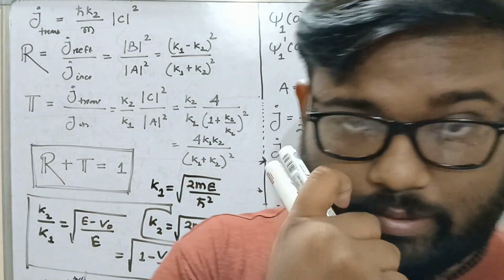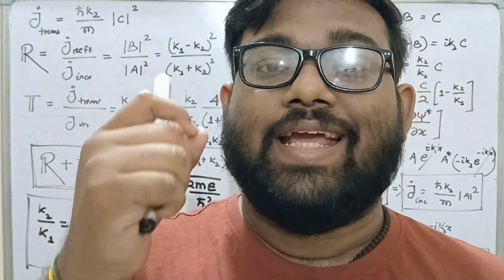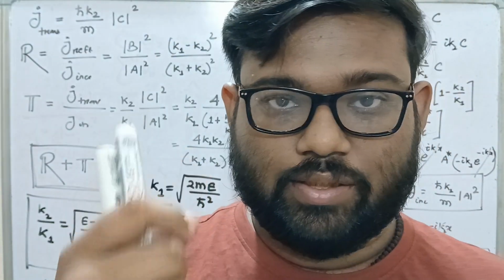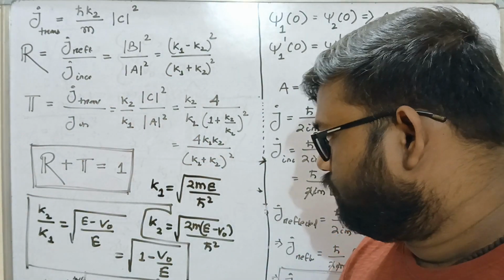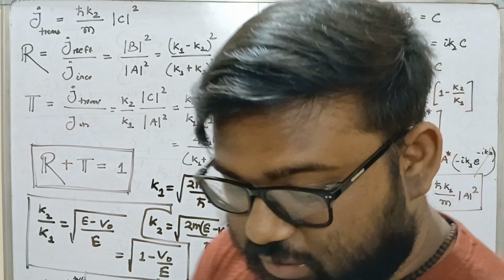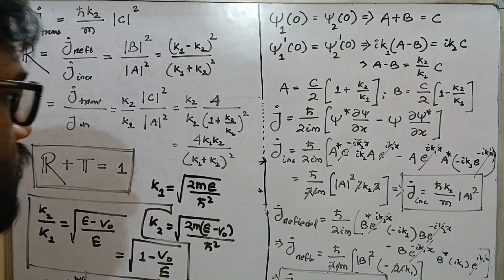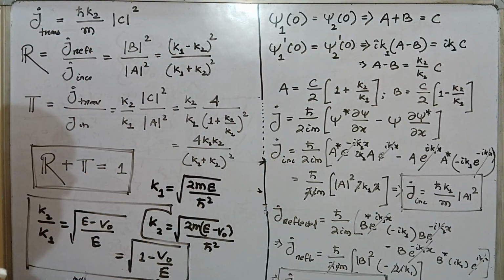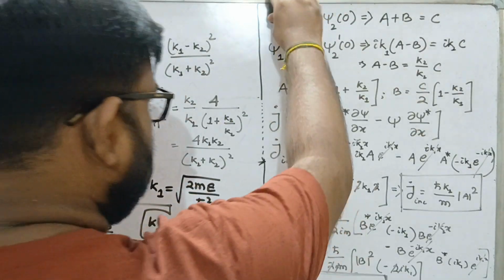And remember, this is only the derivation of the step potential where the energy of the particle is more than the potential. This is your reflectance, this is your transmittance, this is your entirety. In case you are wondering how we transform the equations into energy and potential terms, I have to erase this part, and I will do it here.